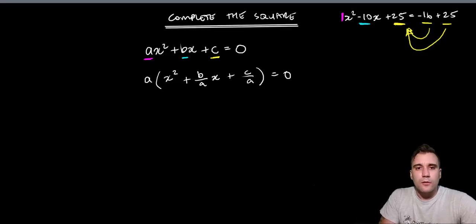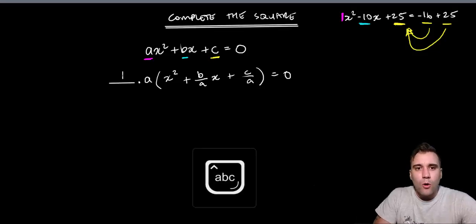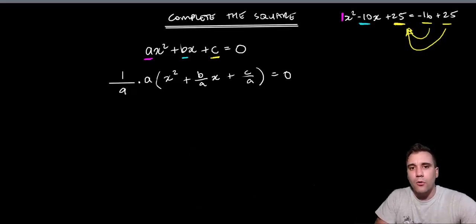Now what we can do is this. 1 on a times all of this on the left equals 0 times 1 on a. Well, 0 times anything is 0, so the right hand side just remains 0. On the left hand side, the a's cancel out, and you just get 1 times all of the stuff in the brackets.